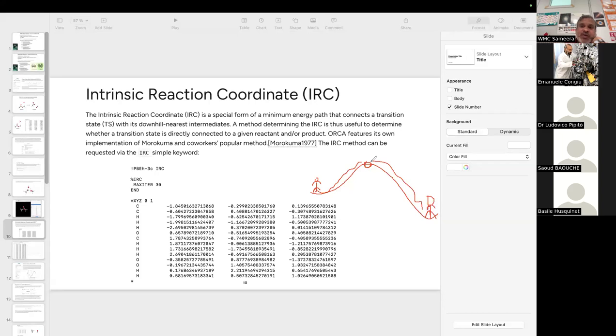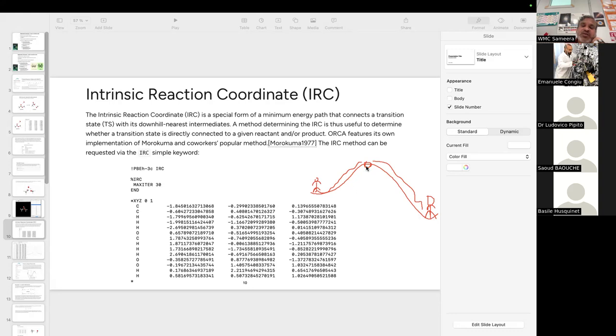Okay, so finding the IRC path is very important because it connects the minimum energy pathway to the reactant and to the product starting from the transition state structure. This is very important because in that way we confirm the connectivity between the right reactant and the right product to this transition state.